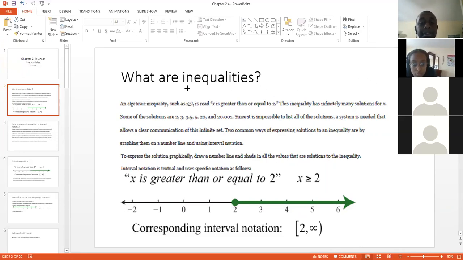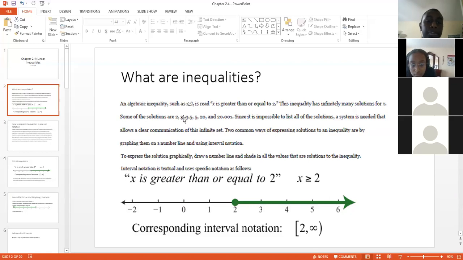You can't even write the numbers between 2 and 3, because between 2 and 3 you have 2.1, 2.0001, 2.00000001, and so on. So there are infinitely many solutions for x. You just can't write a solution set and put whole numbers inside it.